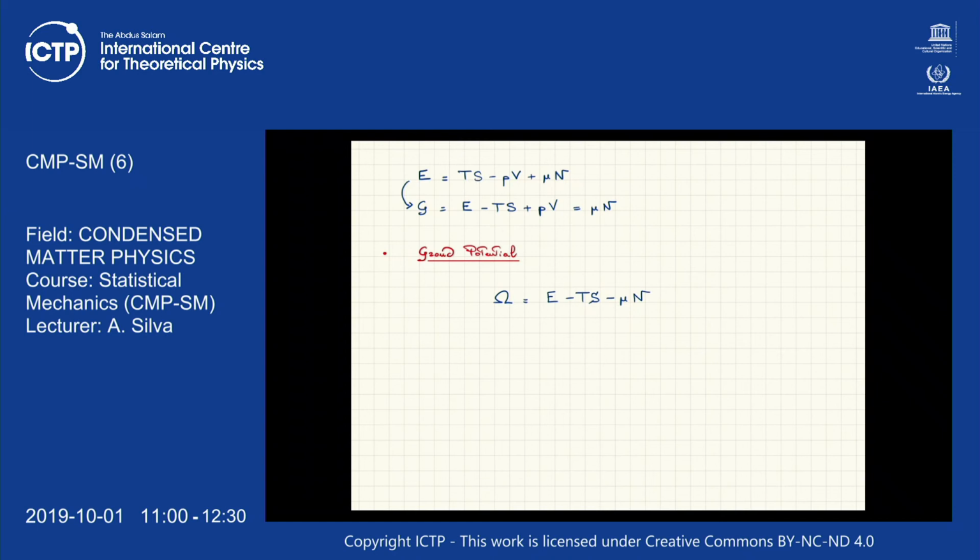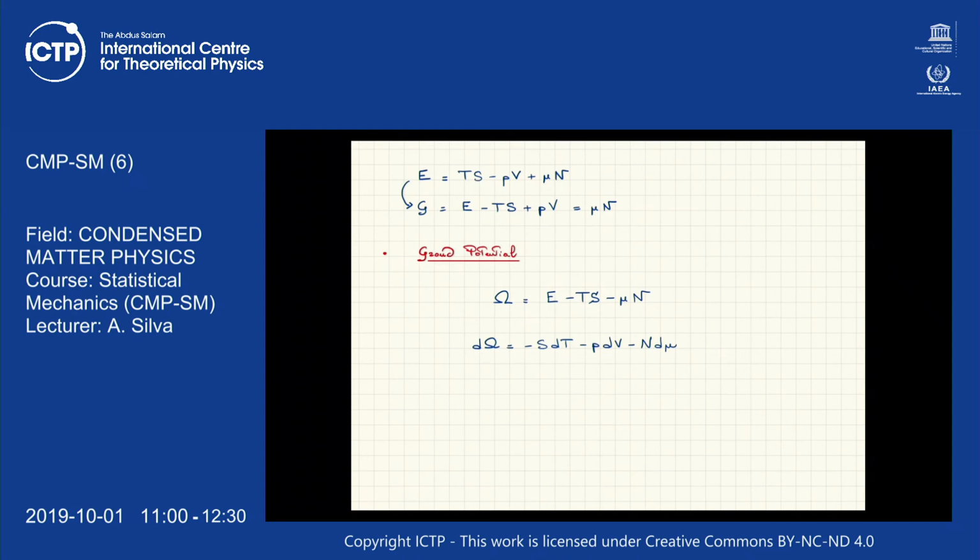If you do so, then you get that your d omega comes out to be equal to minus S dT minus P dV minus N d mu.